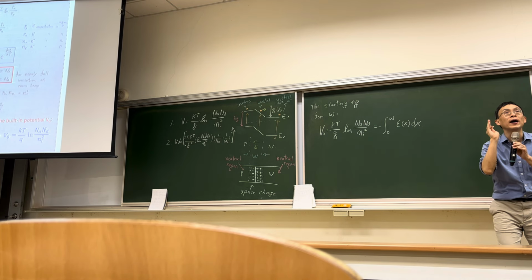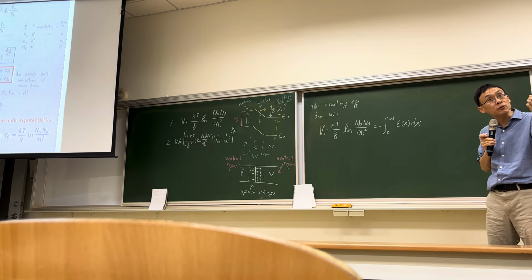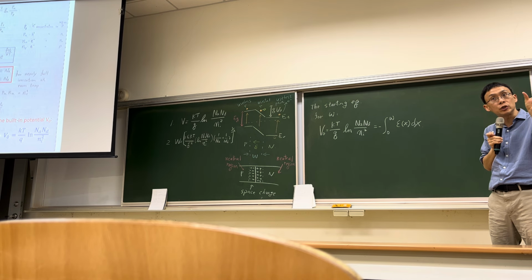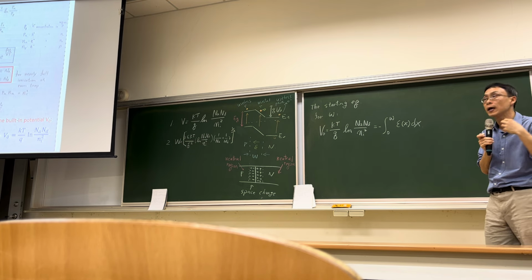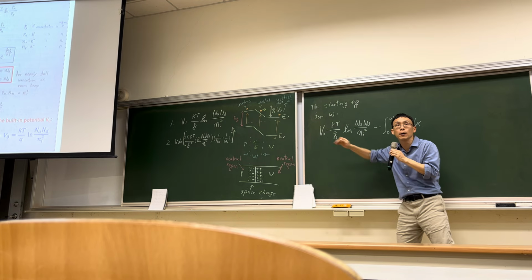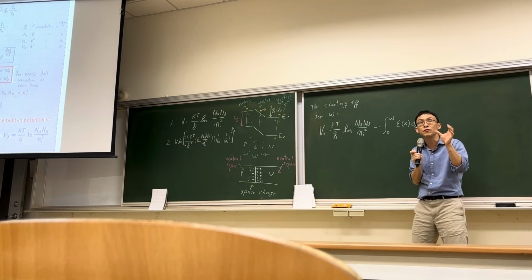We need to find the electrical fields inside the depletion region, because you know the electrical field is related to the potential drop by the width, right?